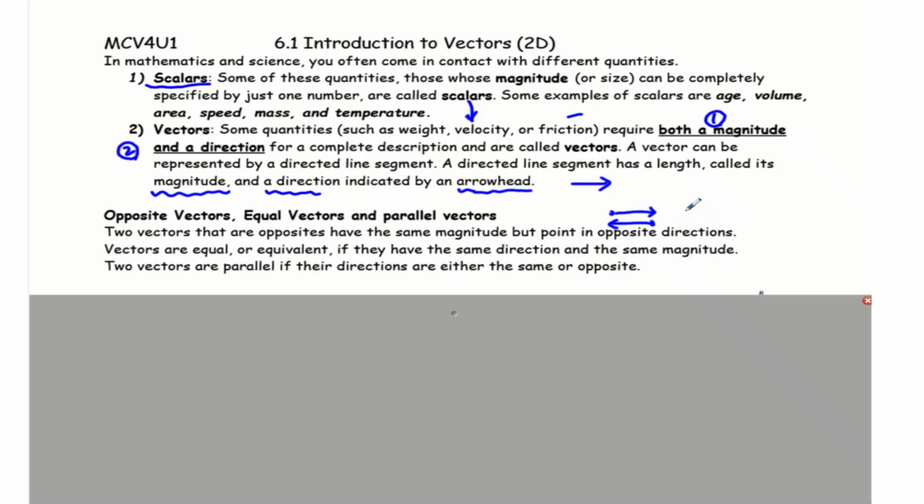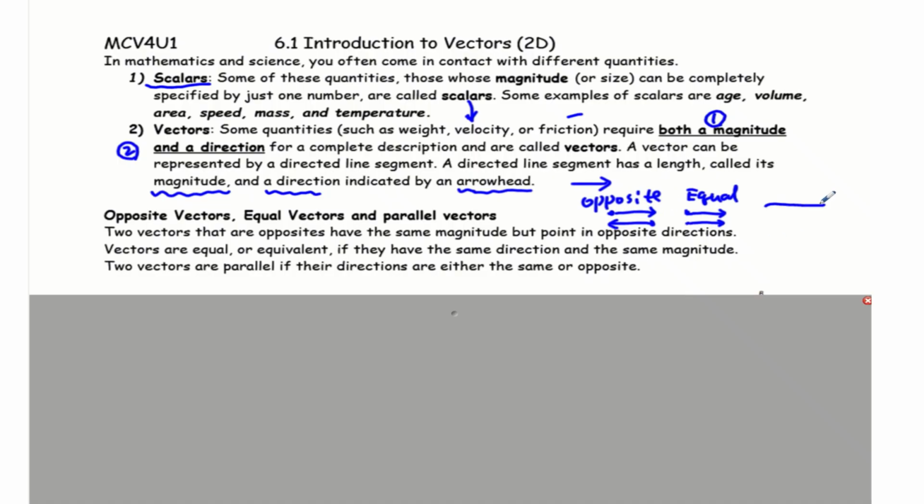Equal vectors have the same length, same magnitude, and also the same direction. So we call them equal. This is equal, and this is opposite: the direction is opposite, but the magnitude is the same.